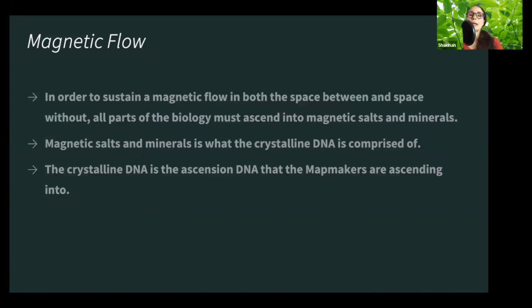In order to sustain a magnetic flow in both the space between and space without, all parts of the biology must ascend into magnetic salts and minerals. Magnetic salts and minerals is what the crystalline DNA is comprised of. The crystalline DNA is the ascension DNA that the Mapmakers are ascending into.